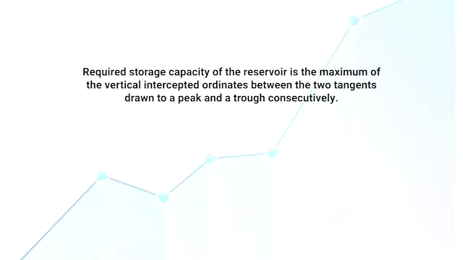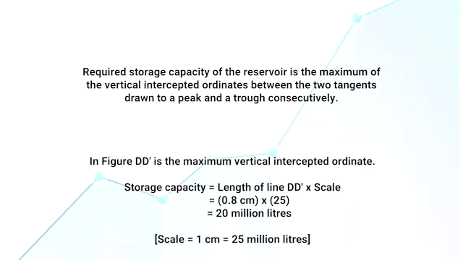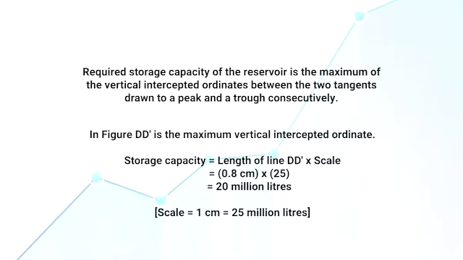Now the required storage capacity of the reservoir is the maximum vertical intercepted ordinate between the two tangents drawn at a peak and a trough consecutively. In the figure, D dash is the maximum vertical intercepted ordinate. So storage capacity is equal to the length of the line D dash times the scale.